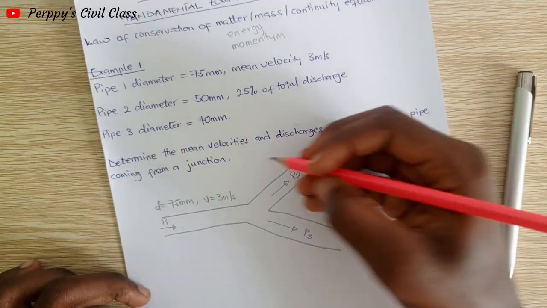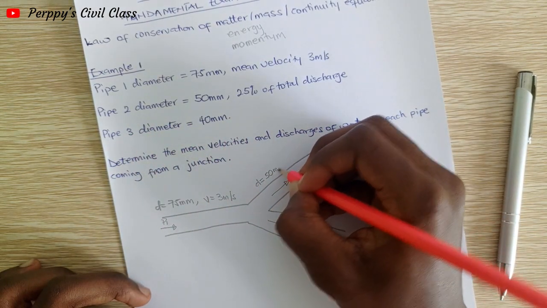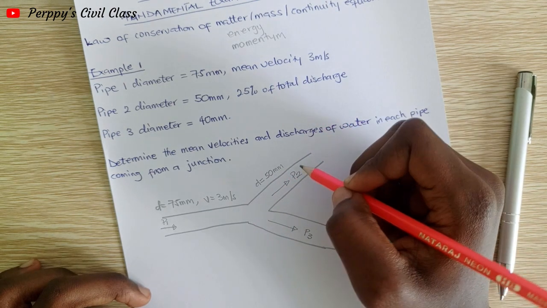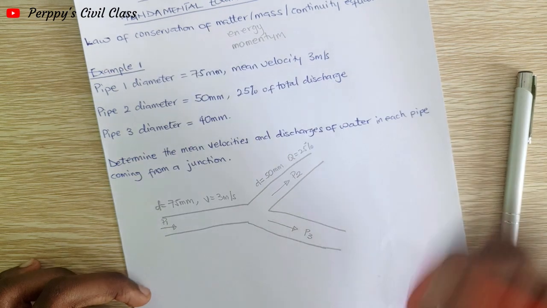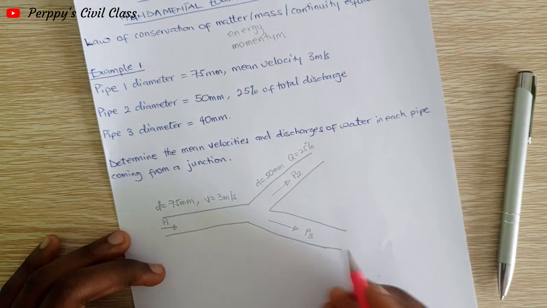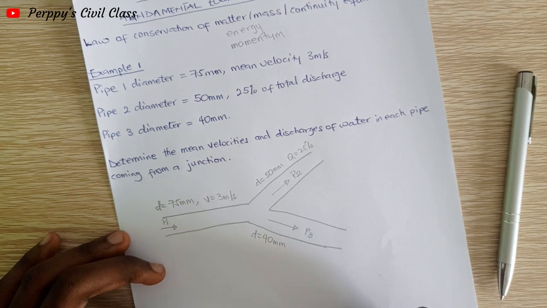Pipe 2 has a diameter of 50 mm and 25% of the total discharge, so Q2 is 25%. Then pipe 3 has a diameter of 40 mm.